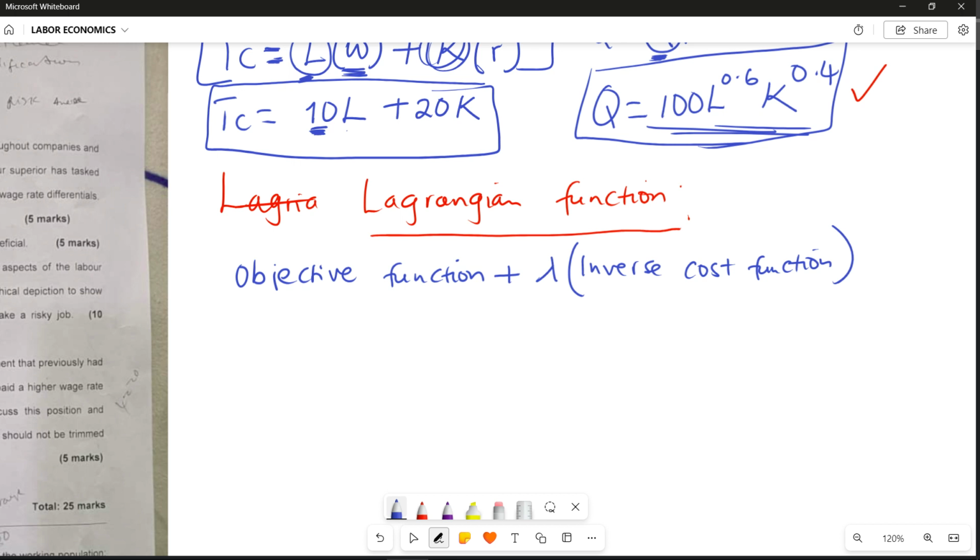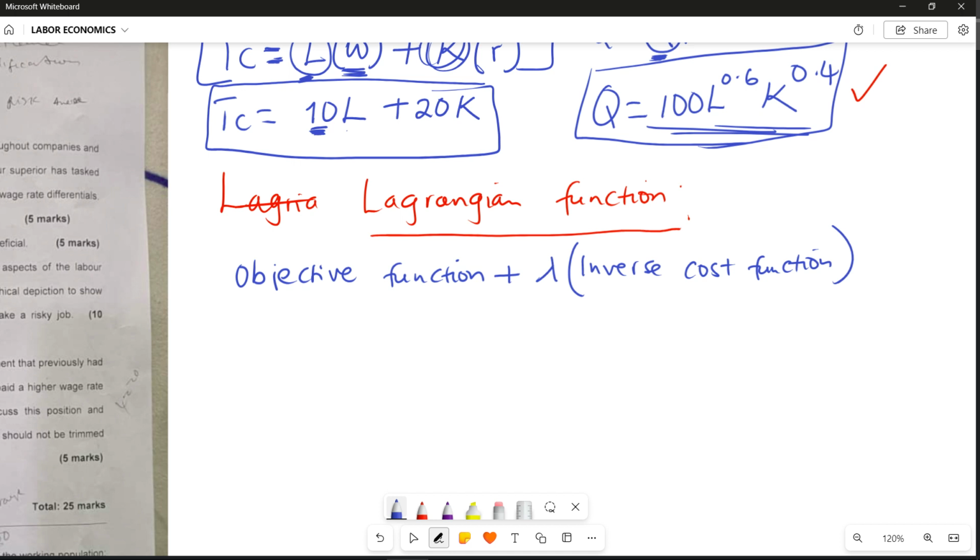The Cobb-Douglas production function is this function: Q is equal to 100 L to the power 0.6 K to the power 0.4. That is the Cobb-Douglas function. But the method of calculating output is what we call the Lagrangian function. So don't confuse the two.